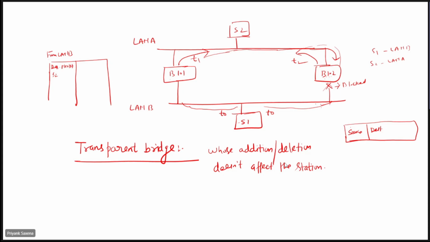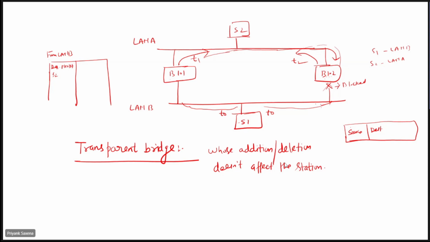Suppose you talk about a ring LAN, you will feel that addition of a new device will change the topology, the structure of the ring. But it is not so. The transparent bridges are not so.